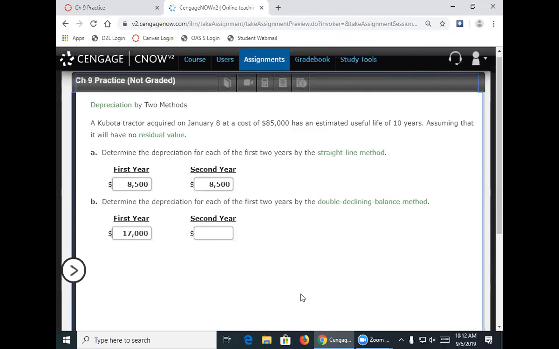So we take our cost of $85,000 and we subtract out that $17,000 of accumulated depreciation. Okay, $85,000 minus $17,000. Our new book value at the beginning of year 2 is $68,000, and then you just take 20% of that. Which, what do you get for that? 13,600. Very good, 13,600.